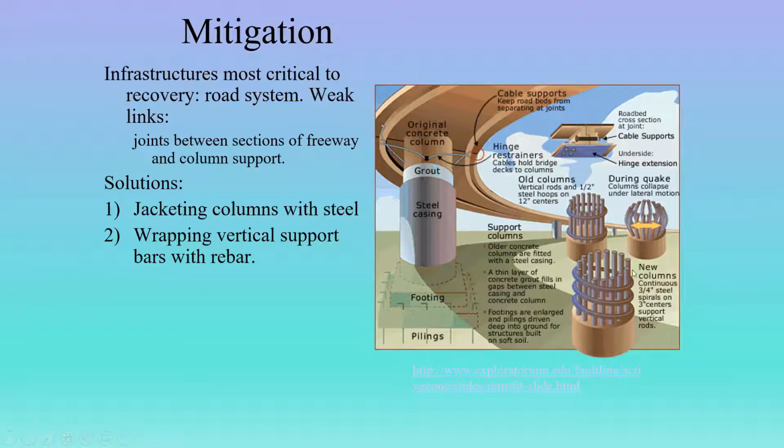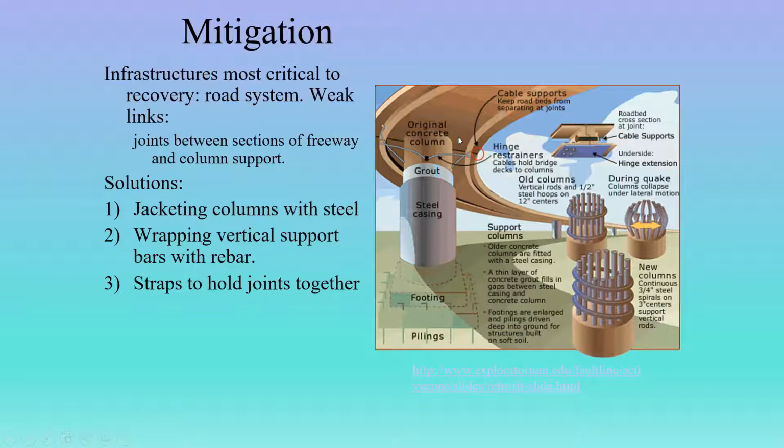So, inside these concrete columns, they have these vertical bars of rebar. But then you can wrap another rebar around it, basically like a slinky or a spring that's going to help move it back into that original position, right? And again, straps holding these joints together.